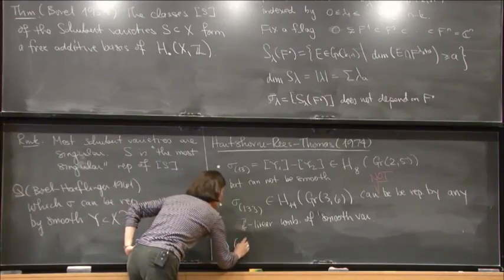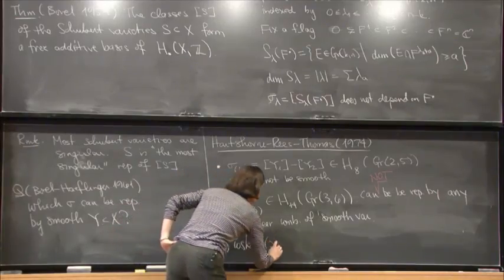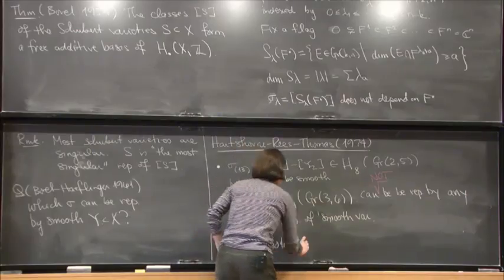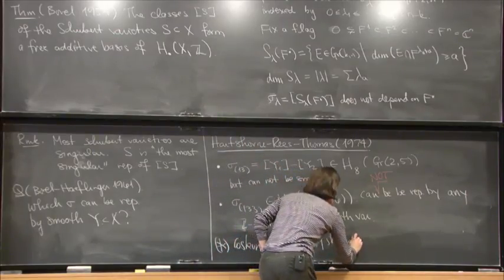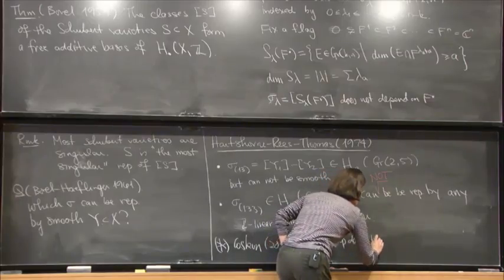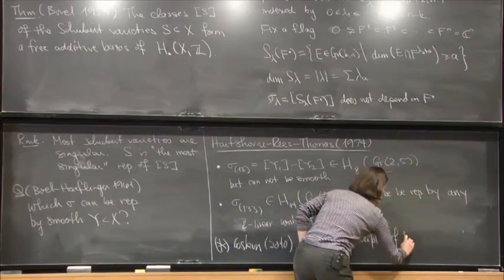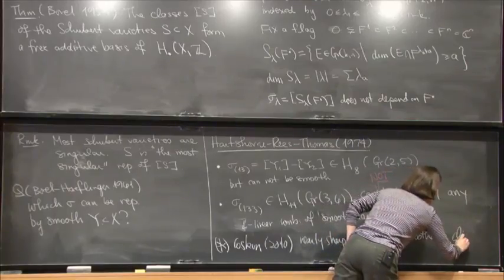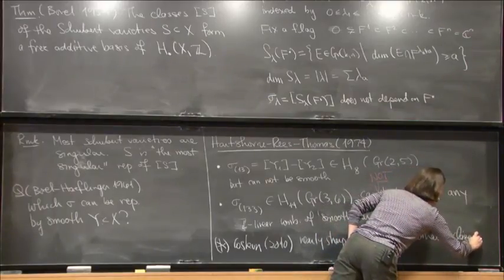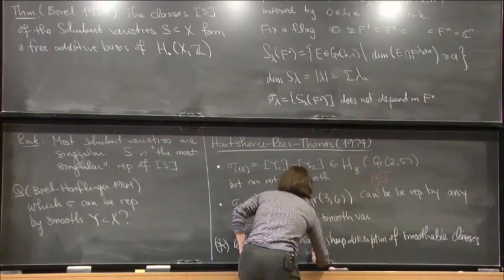So again, in 2010, Hopkins gave a nearly sharp description of the smoothable classes in the Grassmannians.